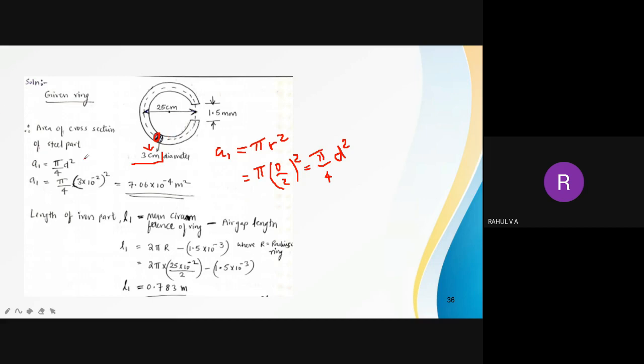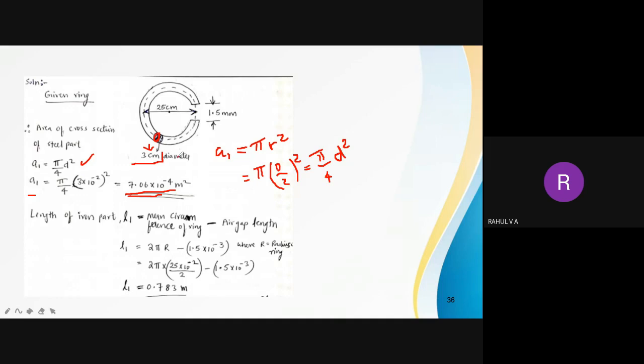So A is equal to pi by 4, 3 into 10 raised to minus 2 whole square. So you will be getting area 7.06. So this is how you have to do the numeric.